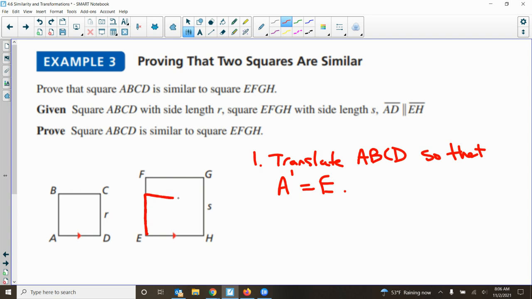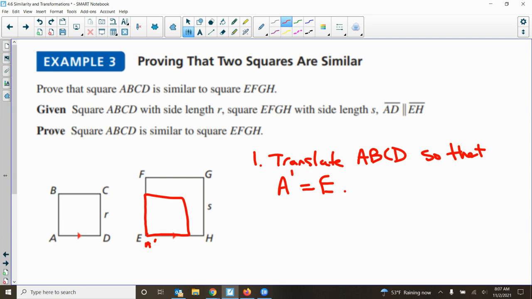And this is A prime right here. Does that make sense? A prime is E. You translate it so that the lower left-hand corner of the little square is touching the lower left-hand corner of the big square. Does that make sense?